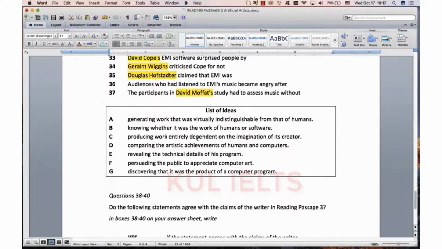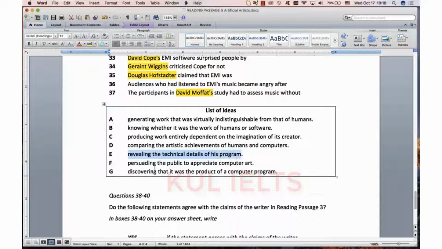Now on this first one, you should get to know these quite well. So go through them one by one carefully. Generating work indistinguishable from humans, maybe, because we see humans there. Knowing whether it was work, maybe. Producing work entirely dependent on the imagination of the creator, I don't think so. Comparing humans and computers, maybe.